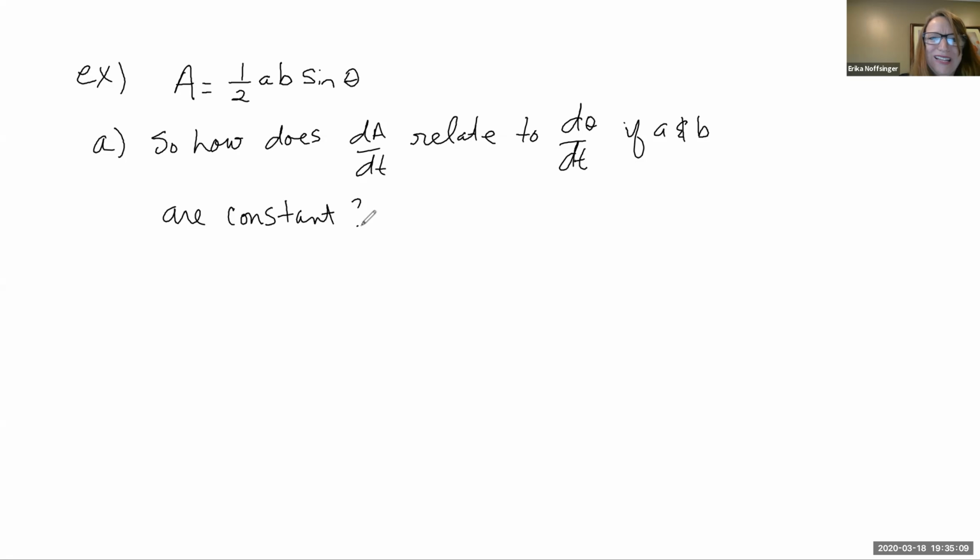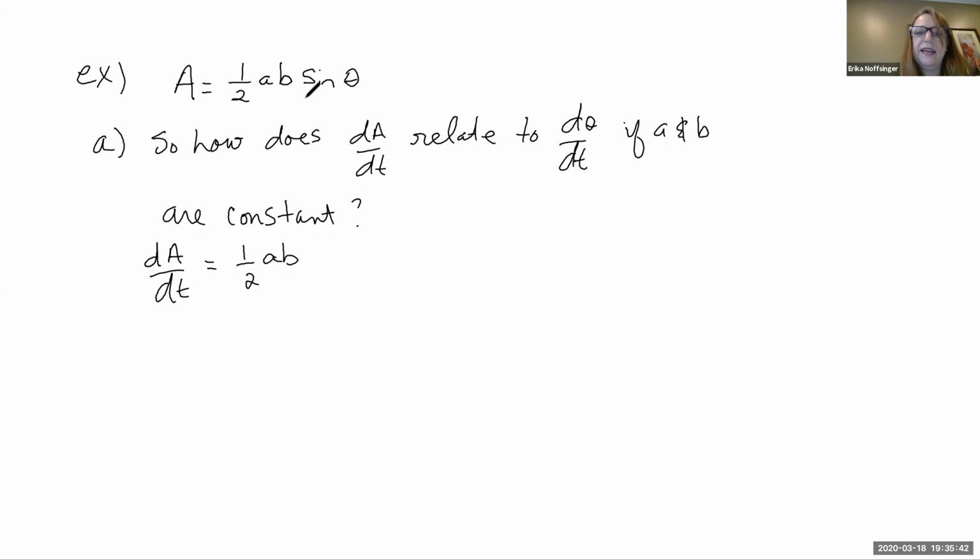If a and b are constant, then basically we don't need to use the product rule. We just have the constant 1/2 ab, and then we need to take the derivative of sine theta with respect to t. So the derivative of A is 1, so we have dA/dt is equal to 1/2 ab, and now the derivative of sine theta.